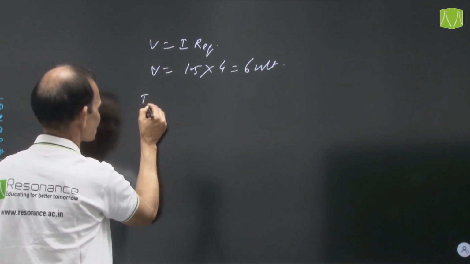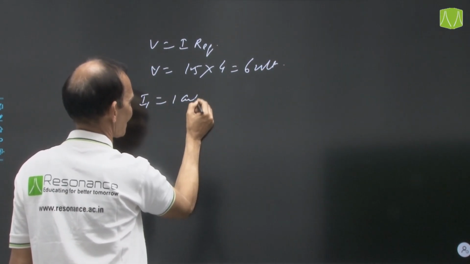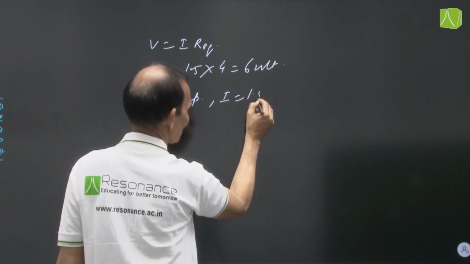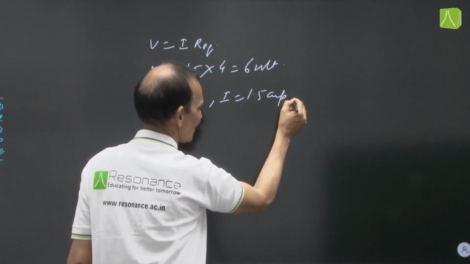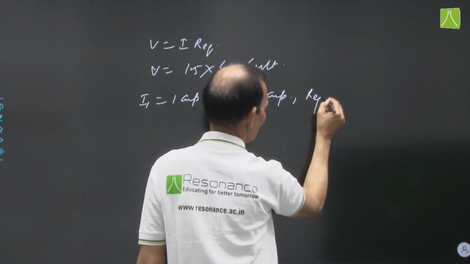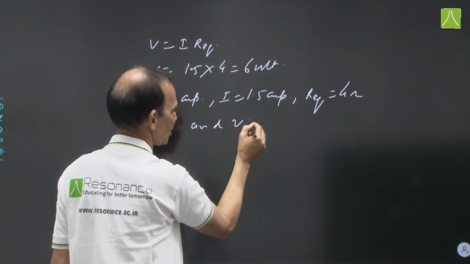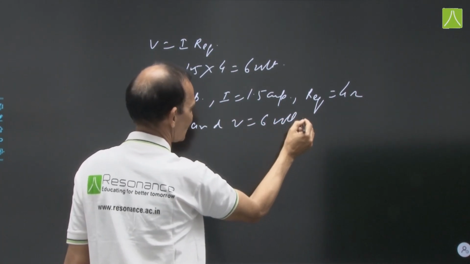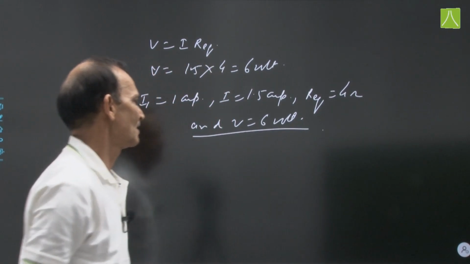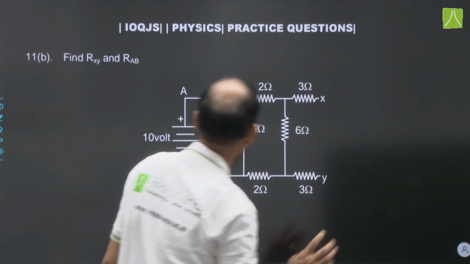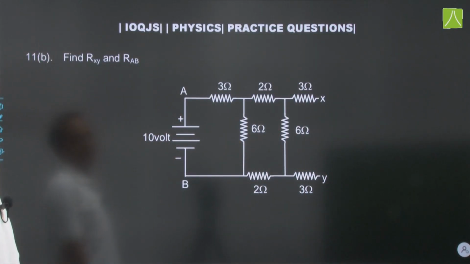So I1 is equal to 1 ampere, I is equal to 1.5 ampere, R equivalent is 4 ohm, and V is 6 volt. These are the answers. This is part A of question number 11. Now think about part B of question number 11.